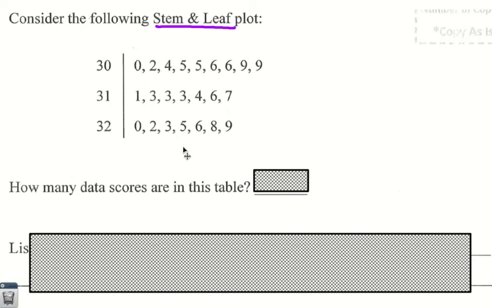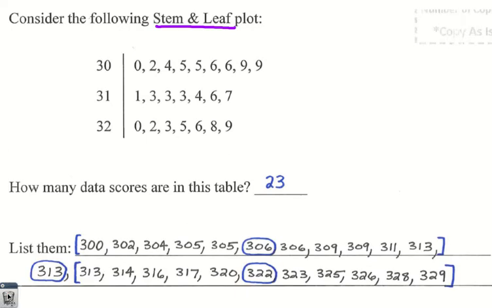And so it's just a different way to list all of the data scores rather than listing them out, I guess, the long way. This is a slightly shorter way to do it. And so there ends up being 23 data scores, 300, 302, altogether there's 23 of them, all the way to 329. And so to list them, well, there it is.